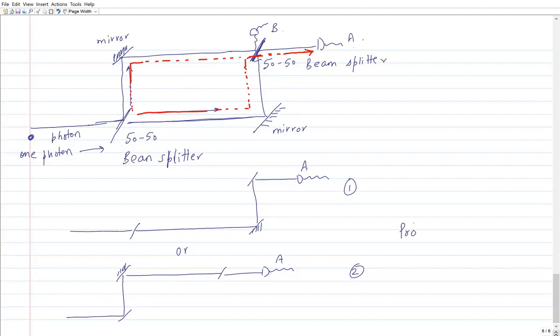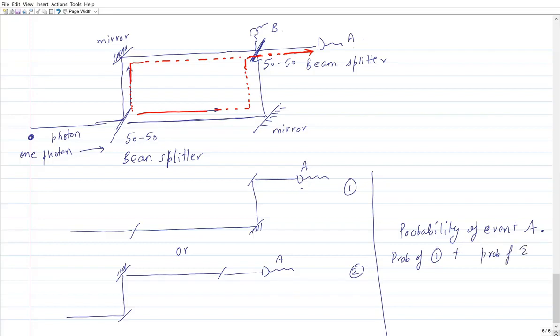So the probability of event A, where the event was the click of detector A. Let me call these paths 1 and 2. In computing the probabilities, I have the probability of process 1 plus the probability of process 2. And how are you going to calculate the probability? At this point, the probability of going this way or this way was half-half.